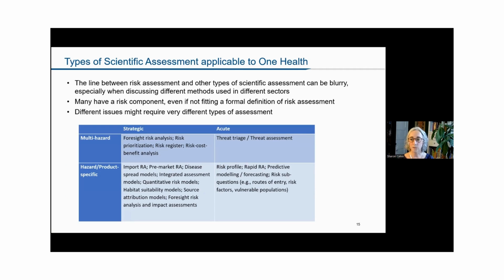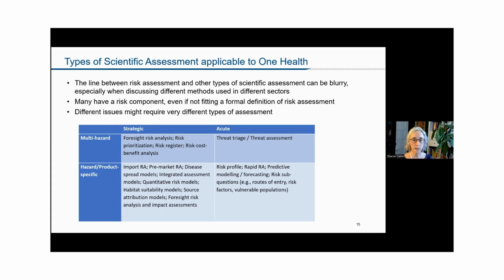And just to further broaden the scope of our initiative, there are also many types of scientific assessment that are applicable to One Health. The line between risk assessment and other types of scientific assessment can be blurry, especially when you're discussing the methods that are used in different sectors.